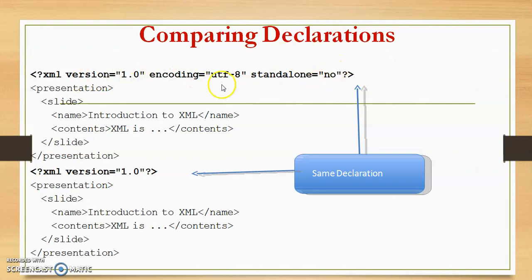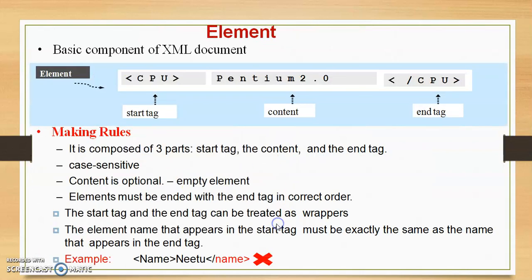So here the default values are mentioned, and in the second part only the XML version is specified. These two statements are the same declaration, because encoding and standalone are optional and the version attribute alone is the mandatory one. So it refers to the same declaration.